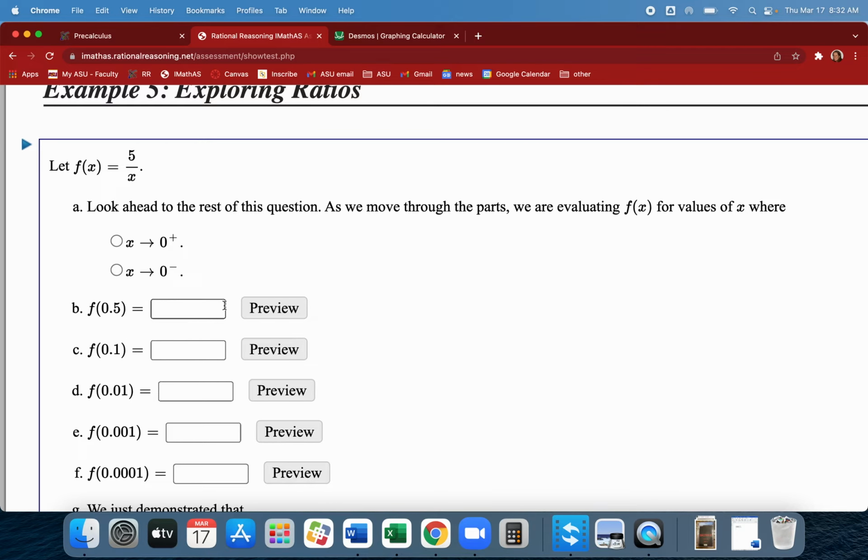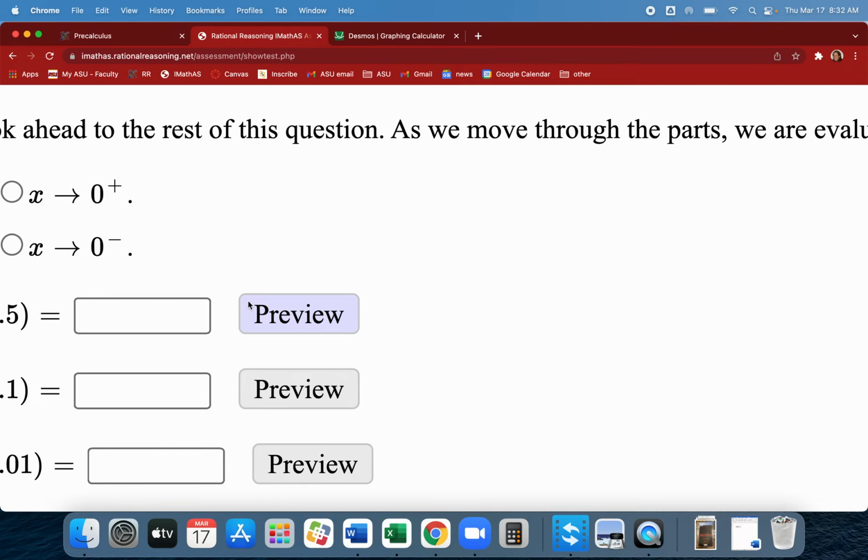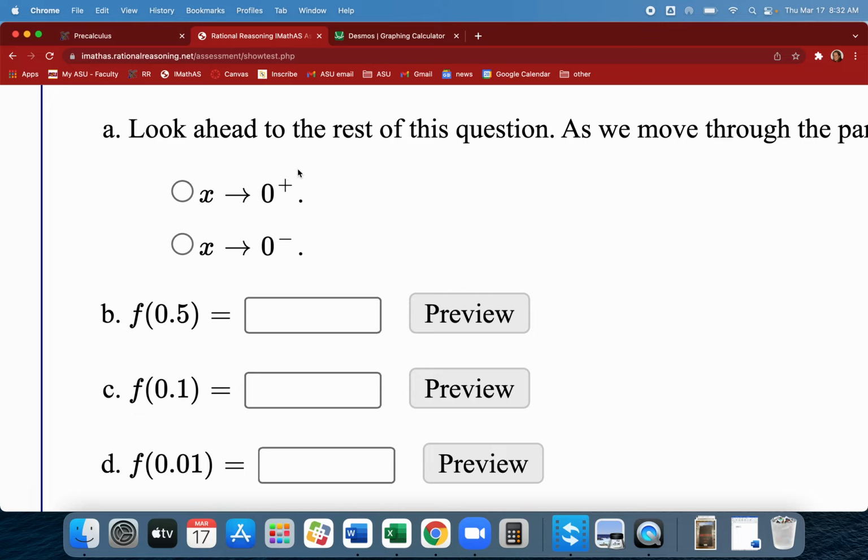If you're approaching 0, you could be coming at it from either side. And that's what the little plus and the minus are for. In this sort of notation, x approaches 0 with a plus means you're going towards 0, but starting with things that are a little more than 0, 0 plus a little bit. So going towards 0 from the right.